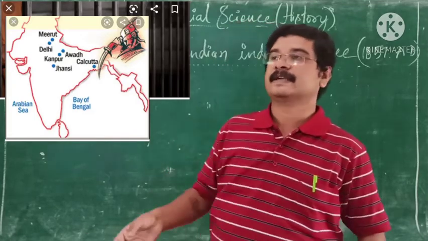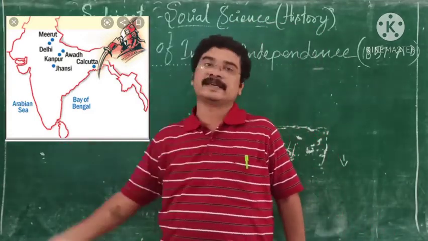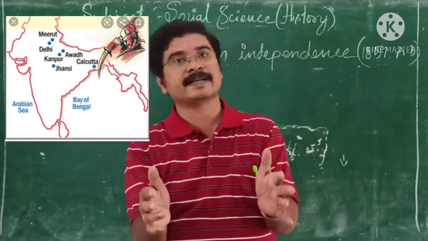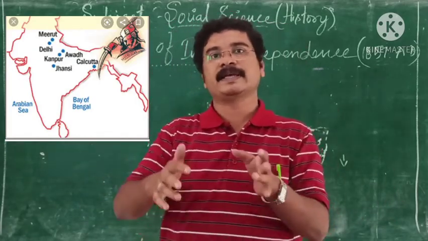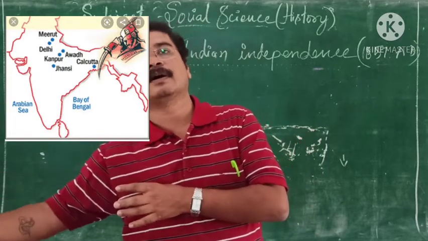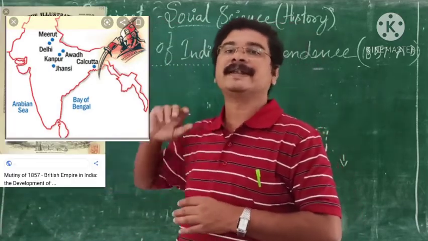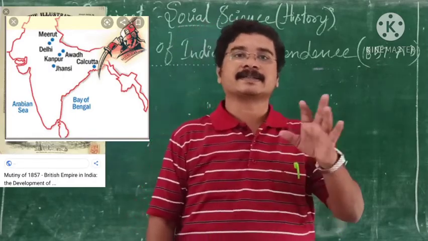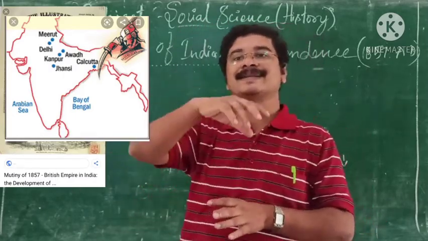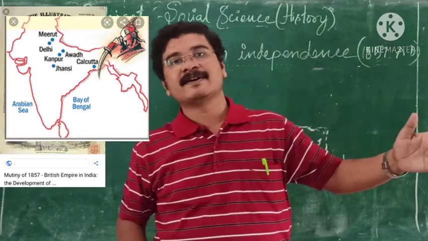Then later it spread to Delhi. First it started in Barakpur, then it spread to Meerut, then to Delhi. A group of soldiers went to Delhi from Meerut.